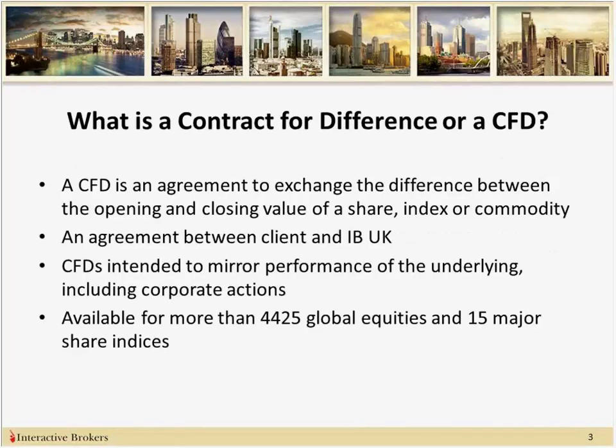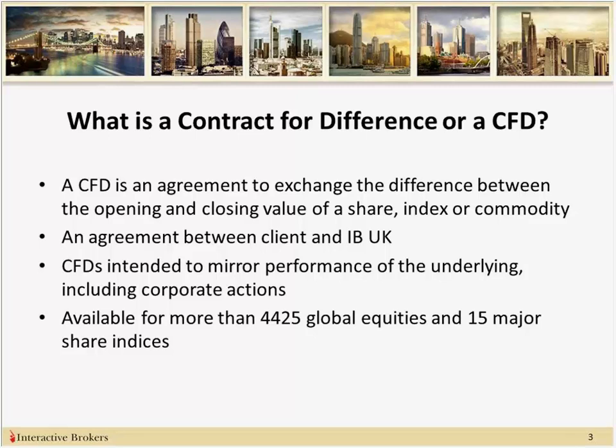Let's first define a contract for difference, and then I'll outline the products available for trading through IBUK. A CFD is an agreement to exchange the difference between the opening and closing value of a share, index, or commodity. The difference is based on the change in price of the underlying equity or index over the time the CFD remains open.